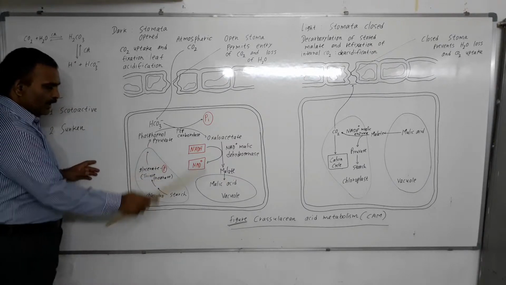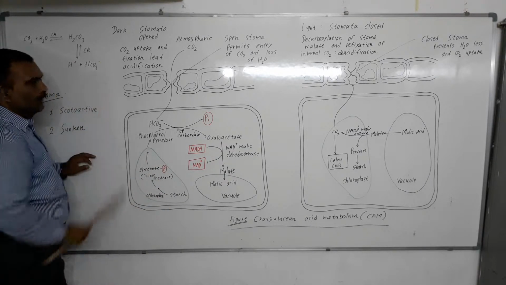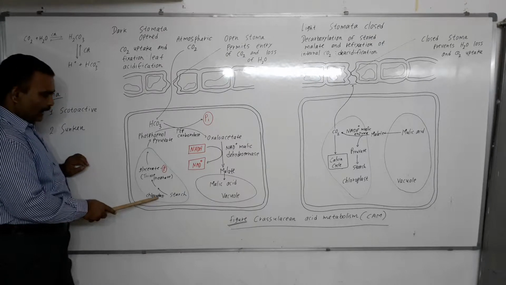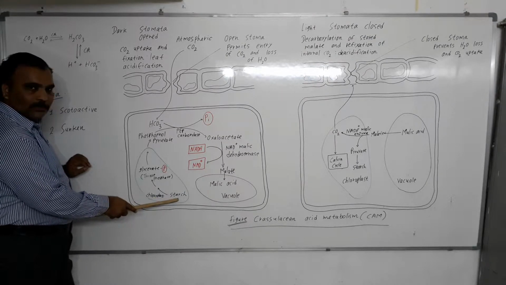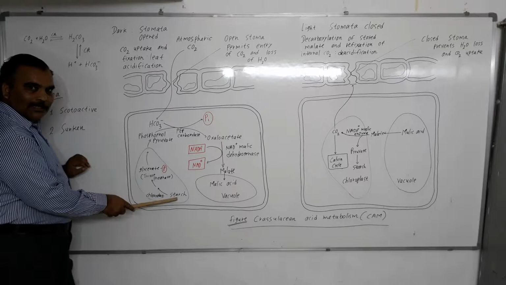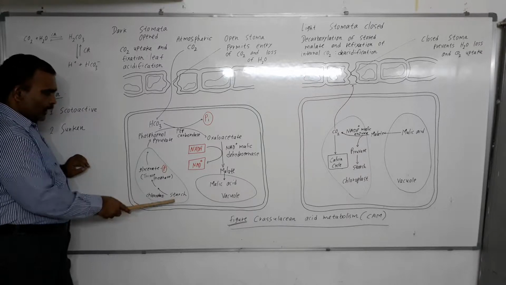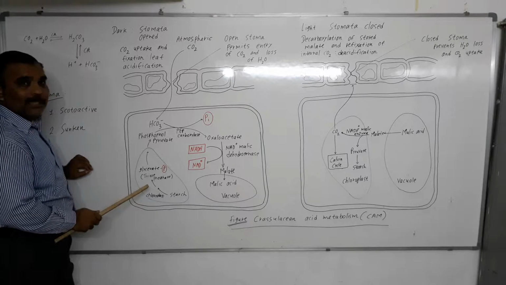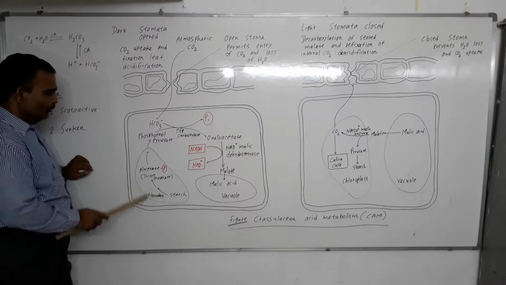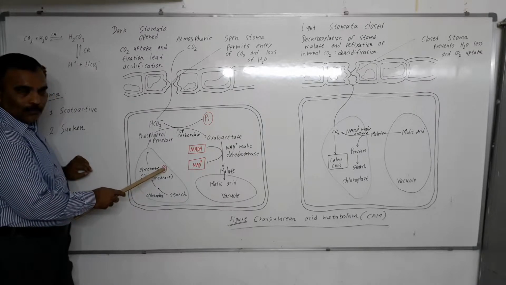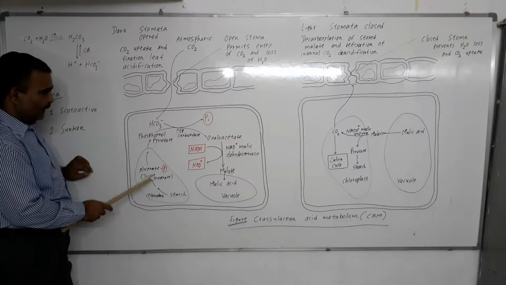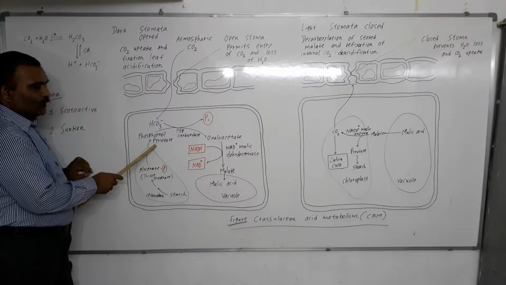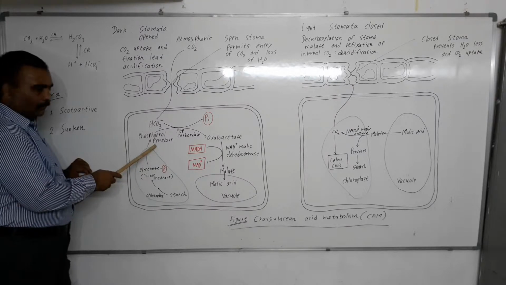Now here in the mesophyll cell during night, this is the chloroplast organelle. In the chloroplast starch is present. This starch is degraded into triose phosphate sugar, glycerate phosphate, or we can say phosphoglycerate. Now this phosphoglycerate is converted into phosphoenol pyruvate.